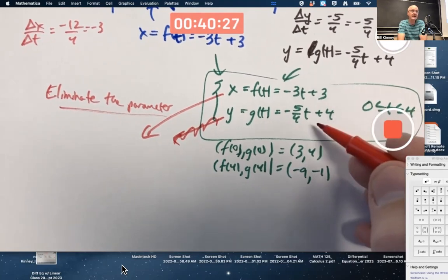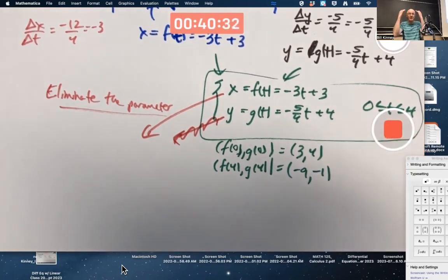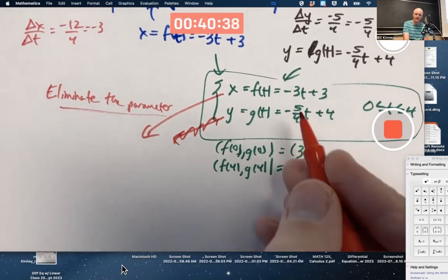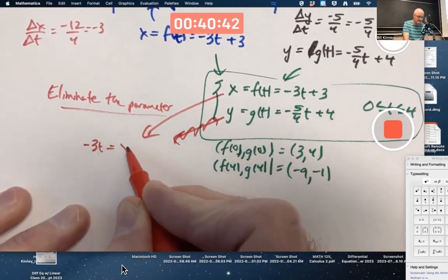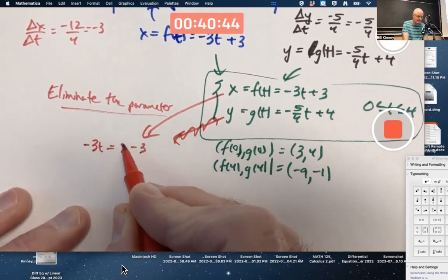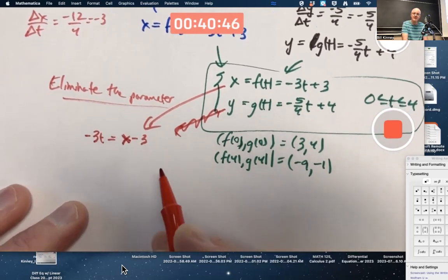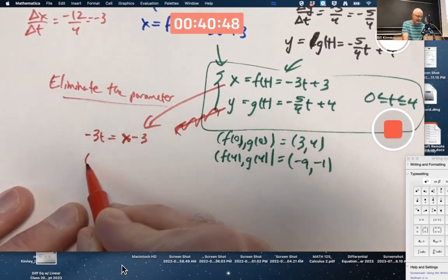And then take that and plug it into this equation in place of t. If you do that, I hope in your mind you realize the t's are going to go away. You get an equation only involving x and y. First, subtract 3 from both sides. Then divide both sides by negative 3.